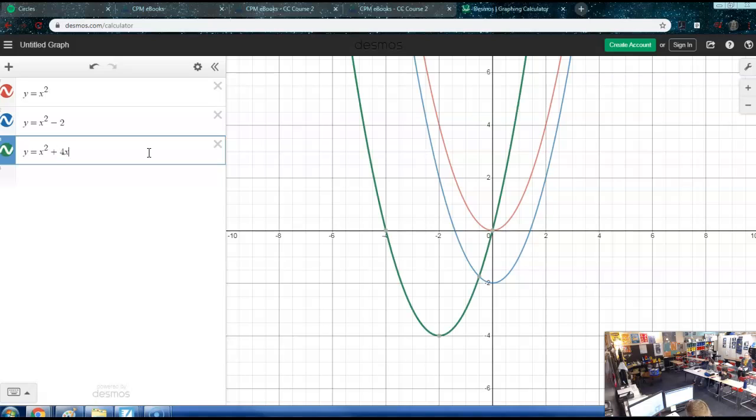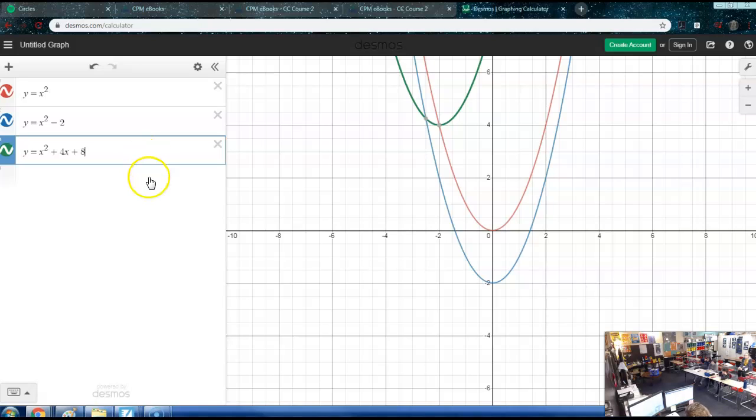The A, if it's negative, wouldn't the parabola be upside down? Upward and downwards? Well, that's for you to investigate and figure out. And I'm guessing that the B value changes it on the x. Well, that's for you to investigate. Because if the C value changes it on the y-axis, then the B value would change it on the x-axis.